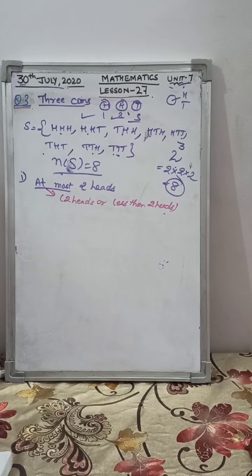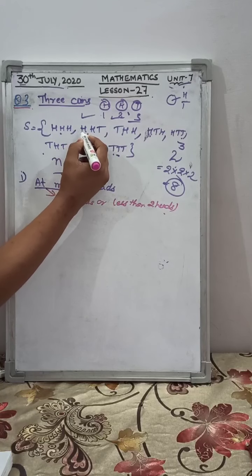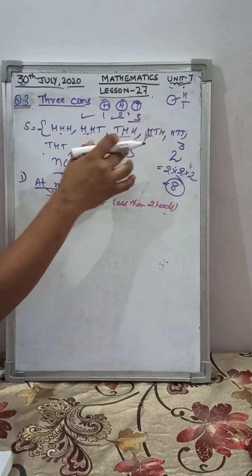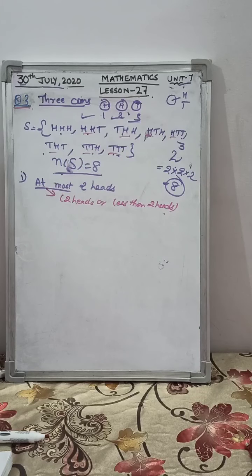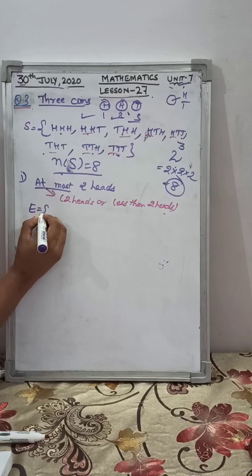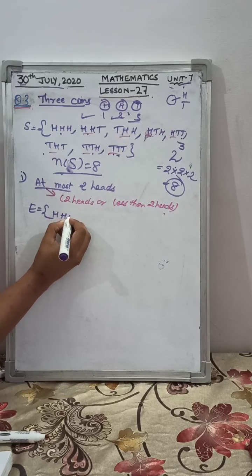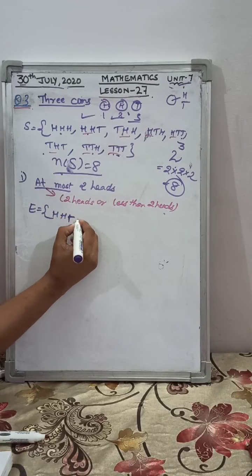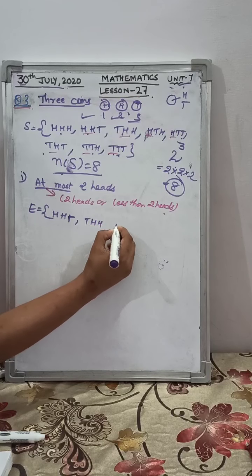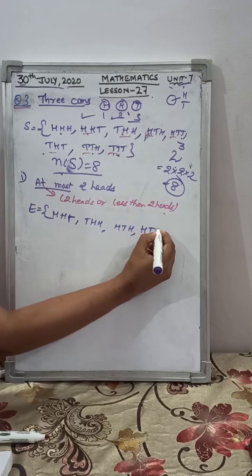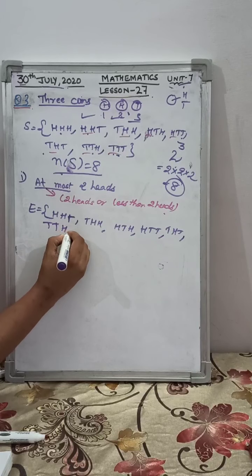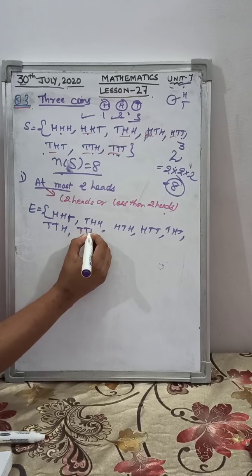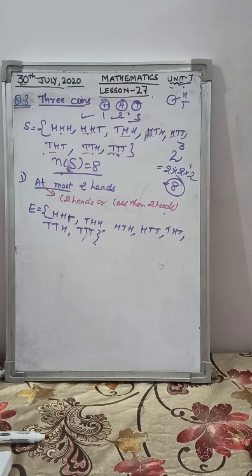That means out of this sample space you will take those having 2 heads, or less than 2 also, or with no heads also. So let us write down the elements of the event. I have marked it down over here, you have to just copy down. You can take 2 heads or less than 2 heads or no heads also, if it is written at most.